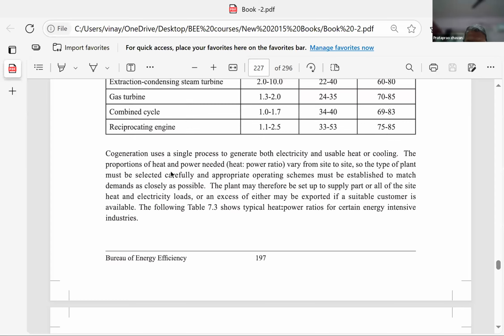The proportions of heat and power needed, that is heat to power ratio, vary from site to site. So the type of plant must be selected carefully and an appropriate operating scheme must be established to match the demands. Matching the demands, again, we have seen base load matching, maximum load matching for thermal as well as electrical. So 4 types.